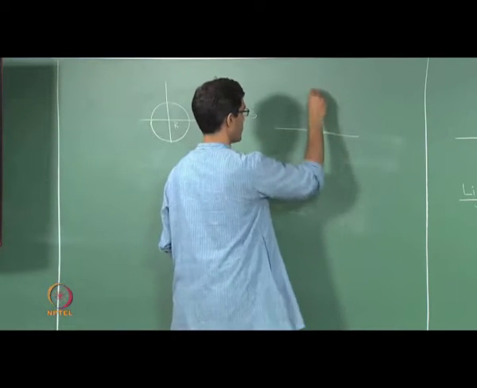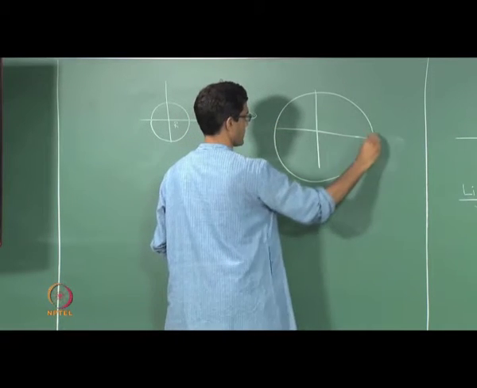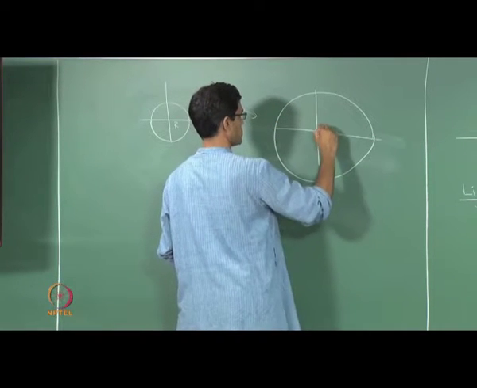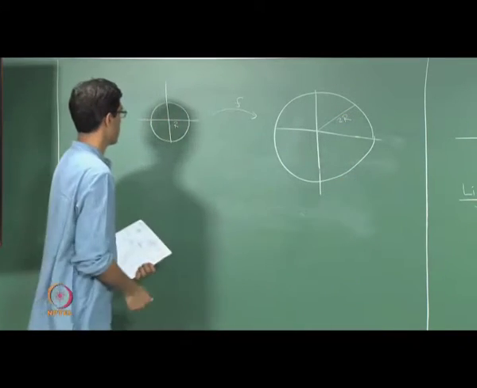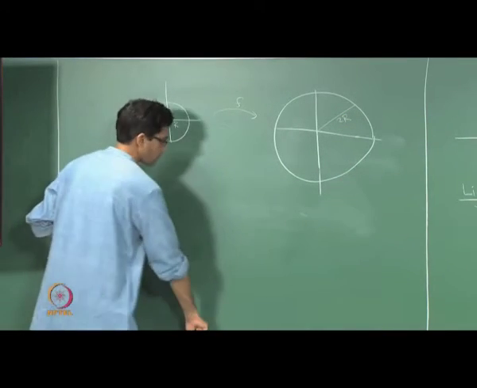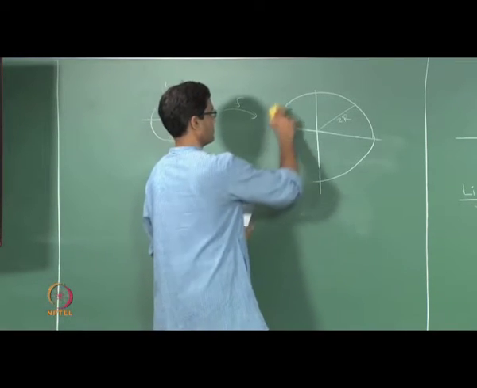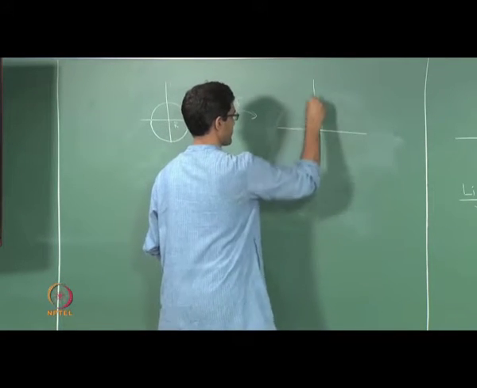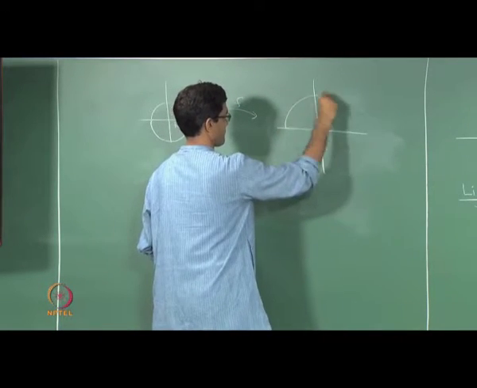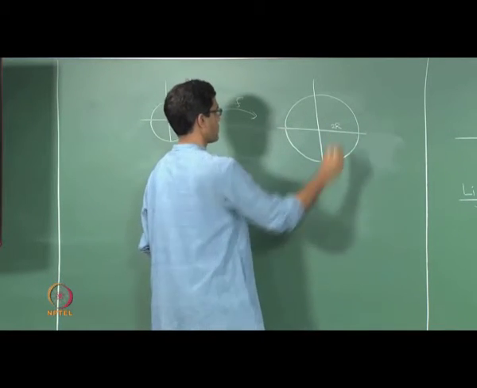So, all you are going to get is a circle whose radius is twice the original radius. So, this is now a circle whose radius is 2r. That is going to be the image of this circle under this map f.